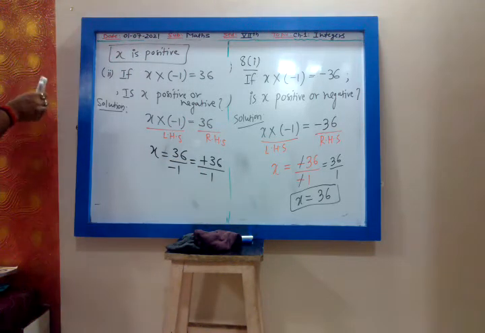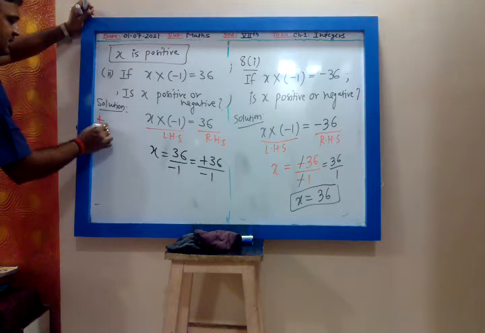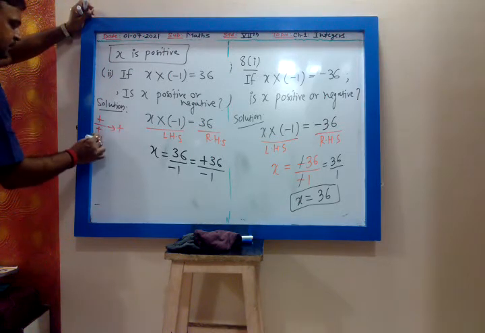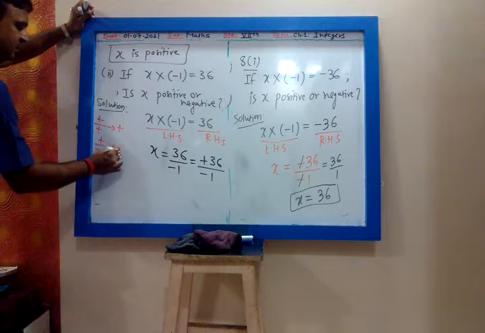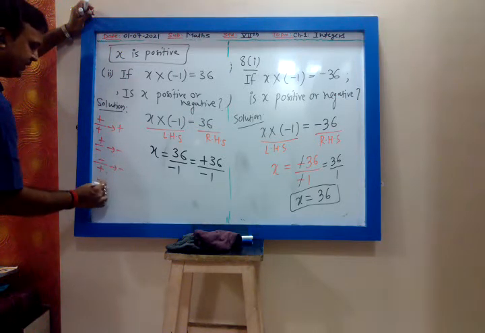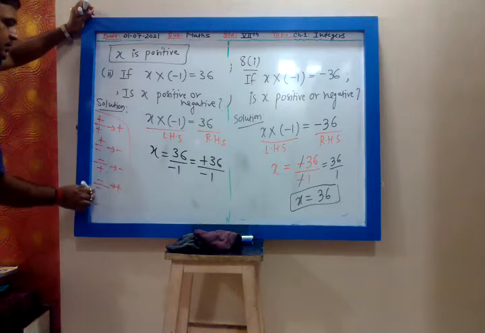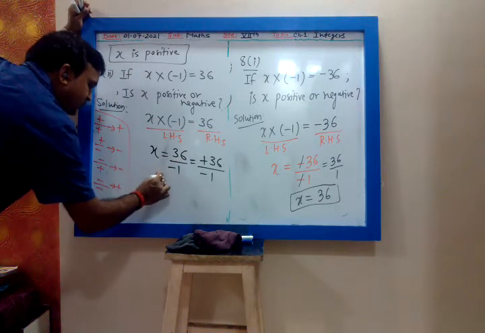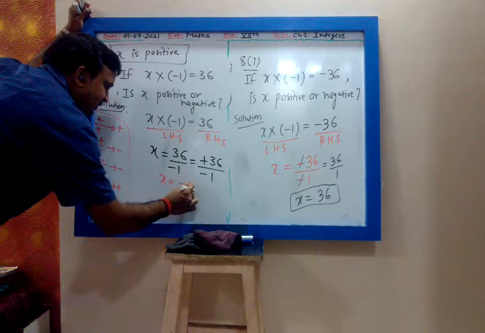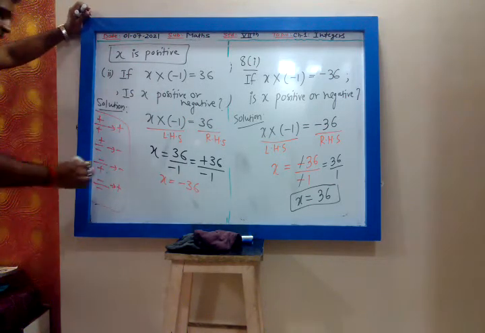In division I have explained to you: plus upon plus is plus, plus upon minus is minus, minus upon plus is minus, minus upon minus is plus. This is the table of division I had given you. So it is plus upon minus, so x will be minus 36. What is the answer? Is x negative or positive? Negative.